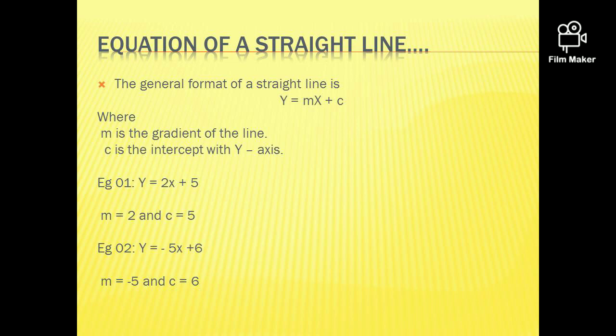For example, if you get a straight line y equals 2x plus 5, the gradient would be plus 2 and the intercept with the y-axis would be plus 5. If we consider the second example, y equals minus 5x plus 6, there you can see the gradient is minus 5 and the intercept with the y-axis would be plus 6. Hopefully you can understand the basic format of an equation of a straight line.